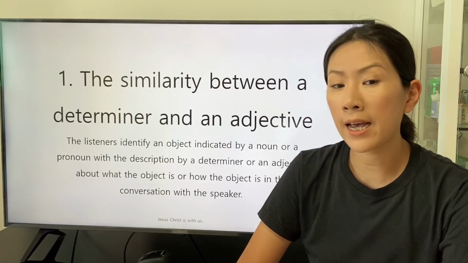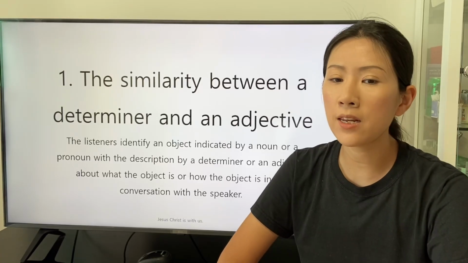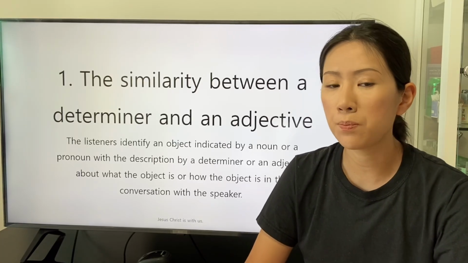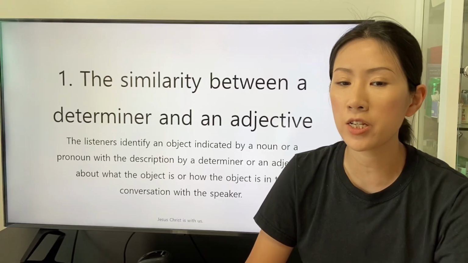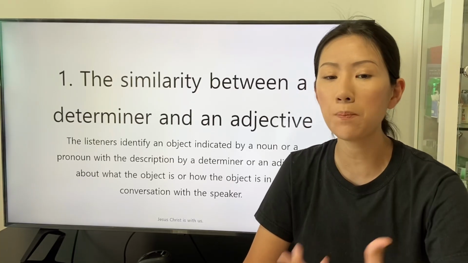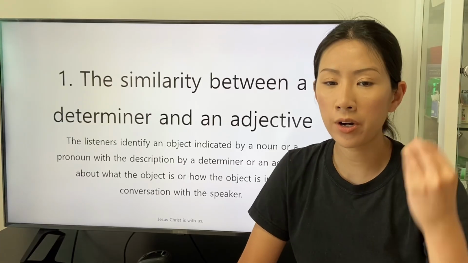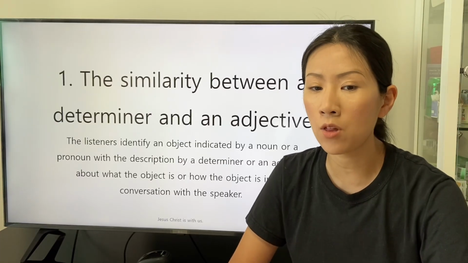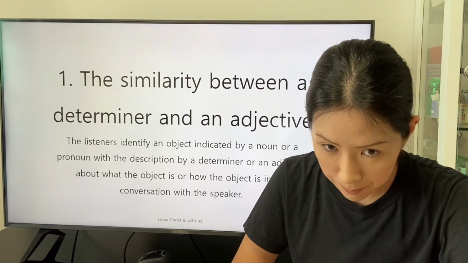The listeners identify an object indicated by a noun or a pronoun with a description by a determiner or an adjective about what the object is or how the object is in the conversation with the speaker.